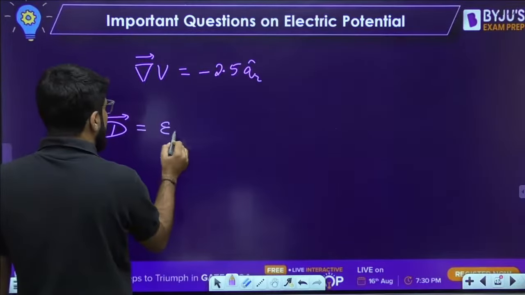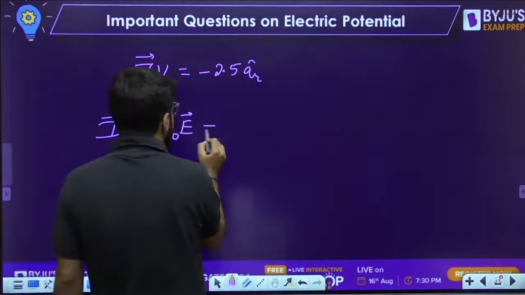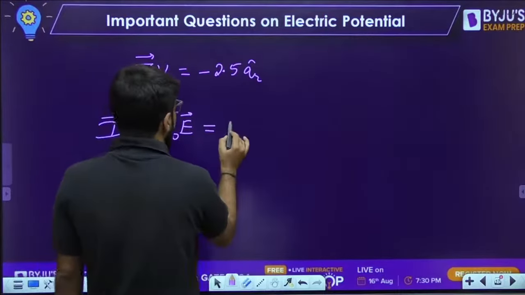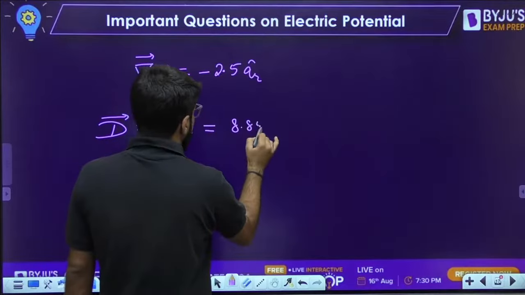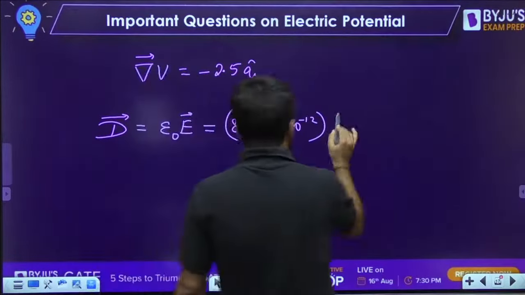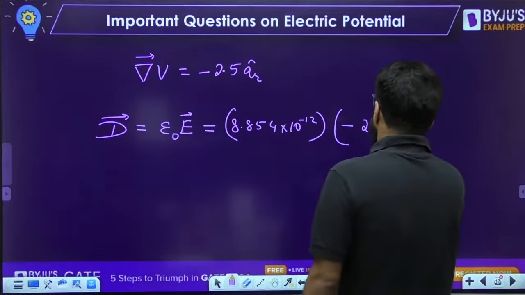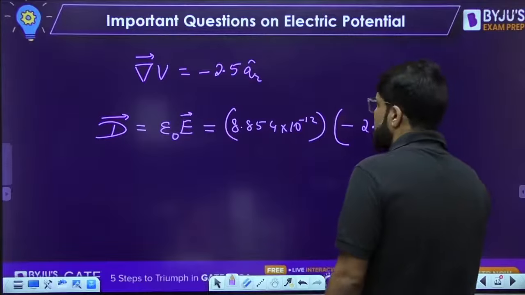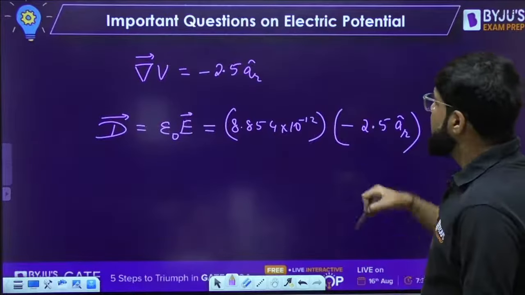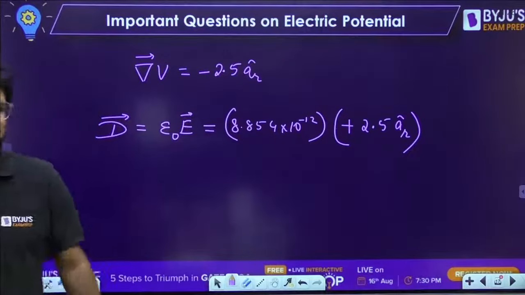d, which is equal to epsilon e, or epsilon naught e, because it is free space. So we'll put down the value epsilon naught, 8.854 times 10 raised to the power minus 12, and the electric field is negative of the gradient of V, so minus 2.5 ar. Negative of the gradient, so negative positive actually. So plus 2.5 ar.